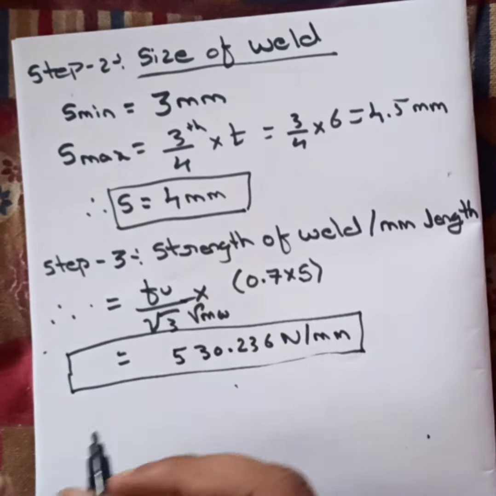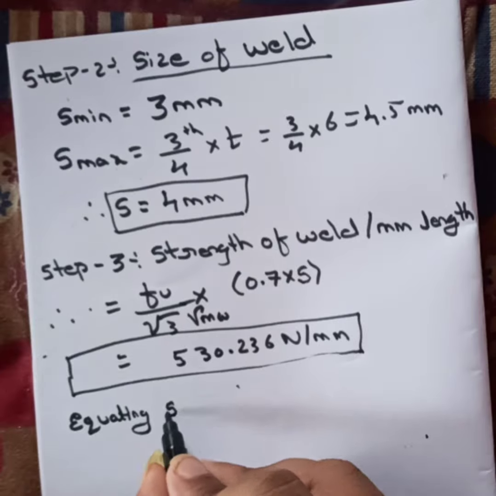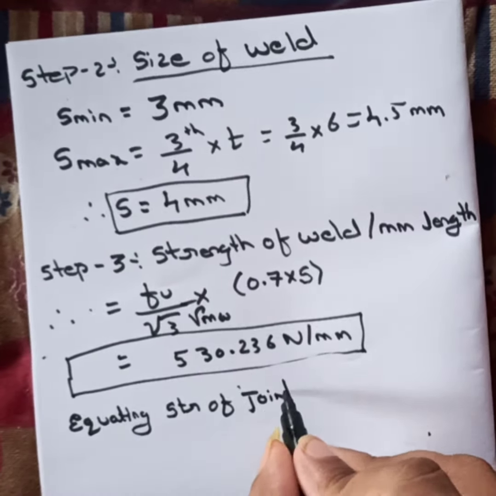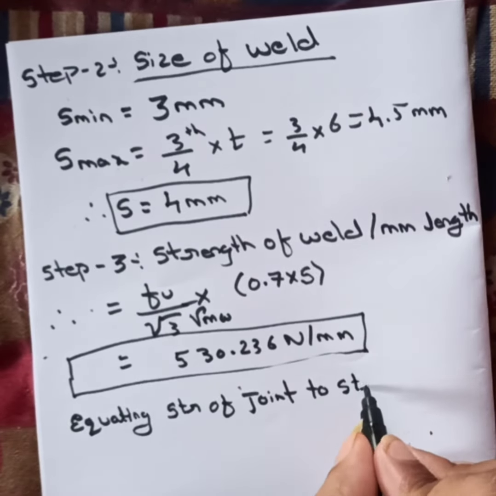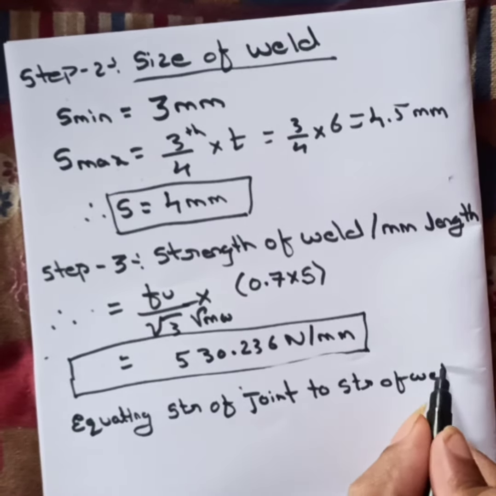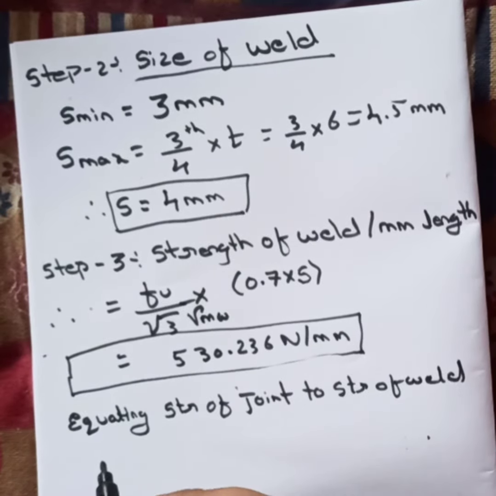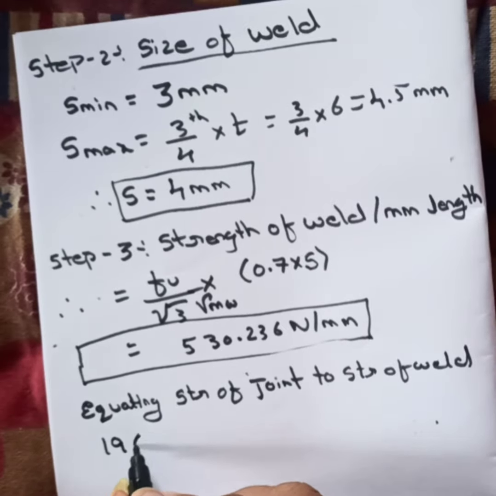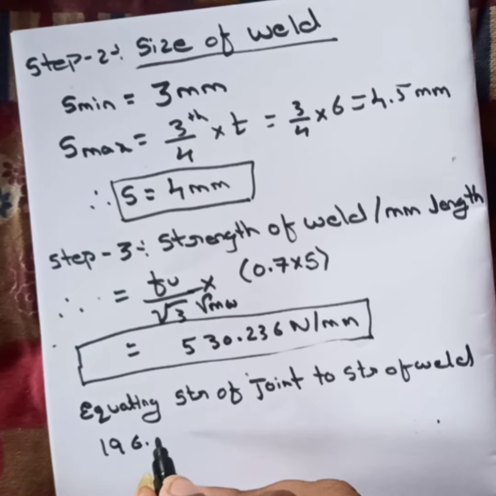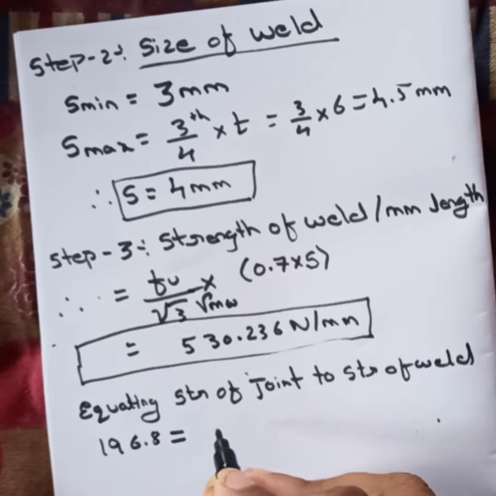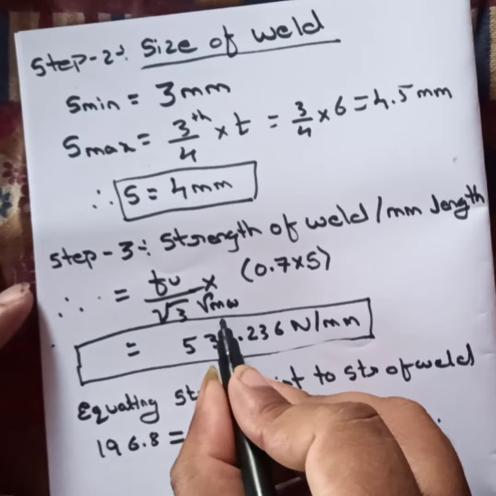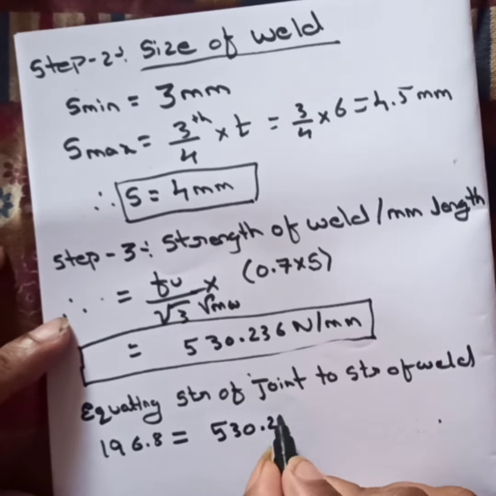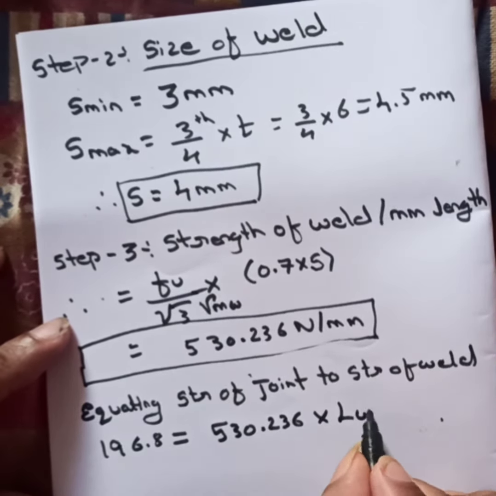Fine. Now, equating the strength of the joint to the strength of the weld. Strength of the joint we know it was 196.8 equal to this formula, Fu by root 3 gamma mw into 0.7 into S, which we have 530.236 into LW.